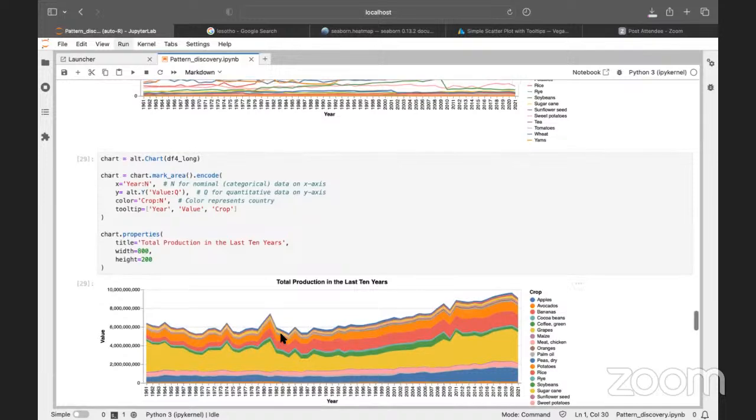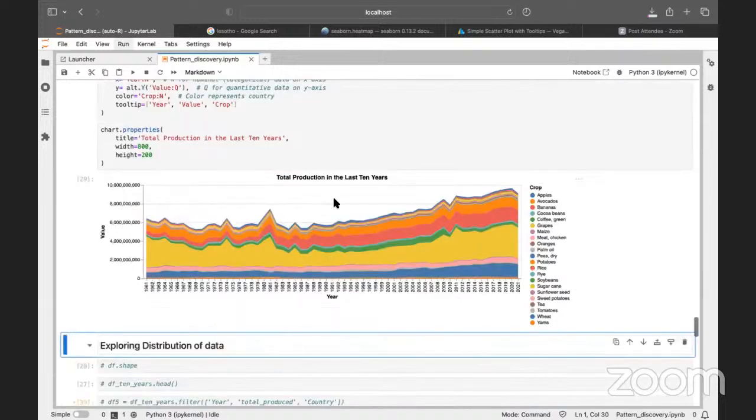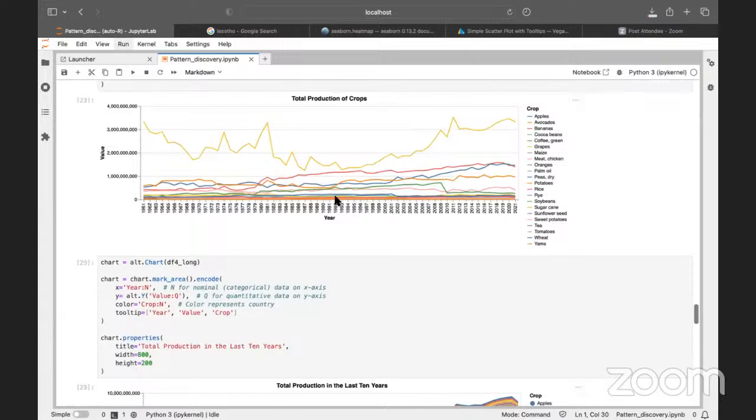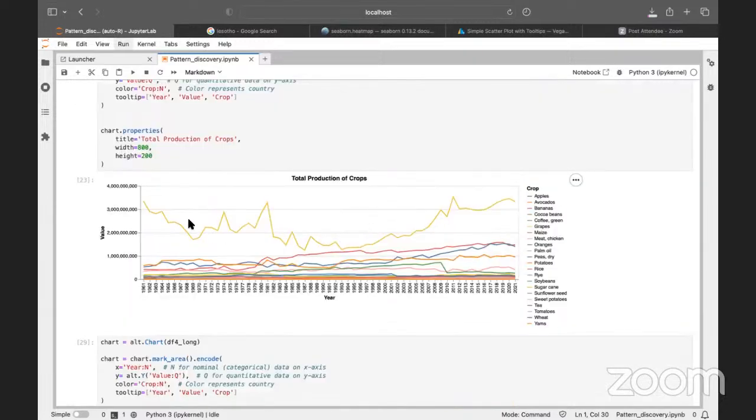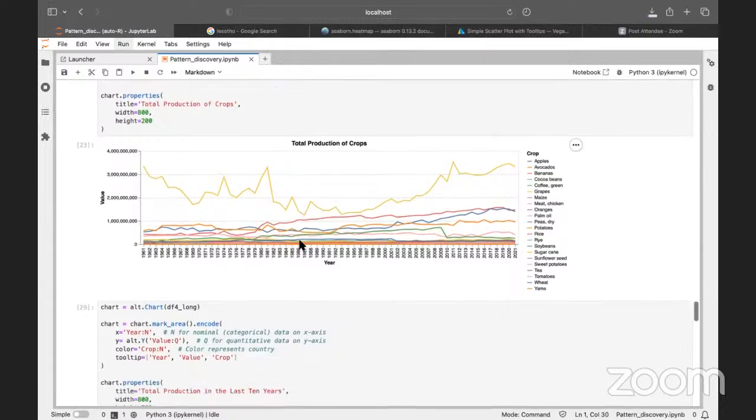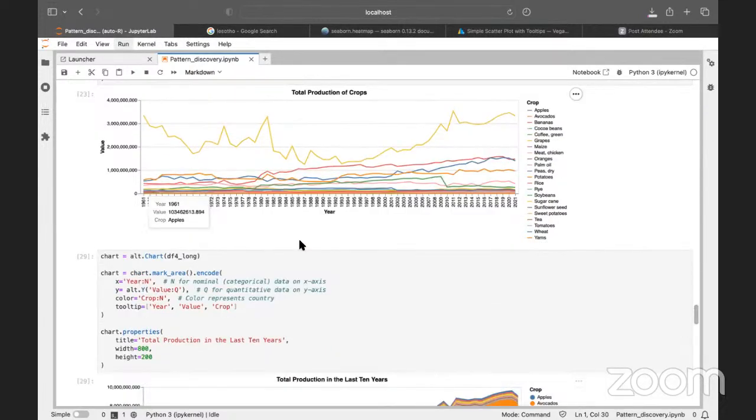And so that was it. Some interesting things we were able to point out. Sugarcane is one of the best performing crops across the various years. That's an interesting point.